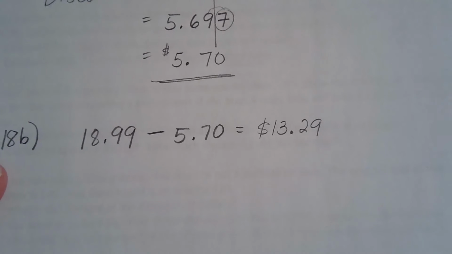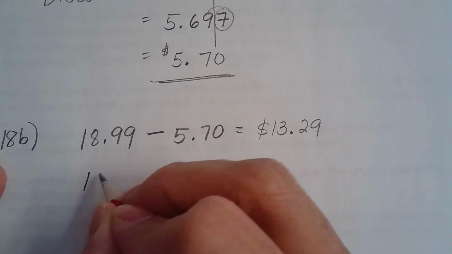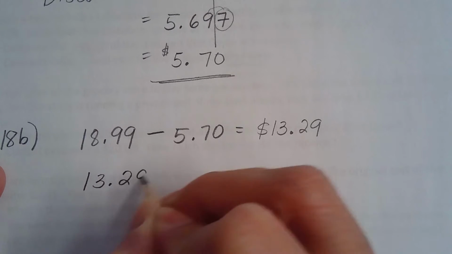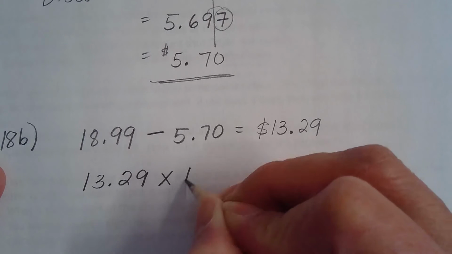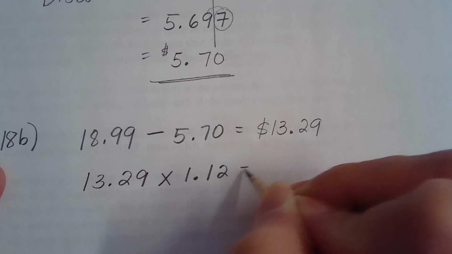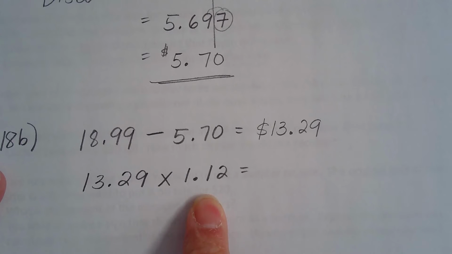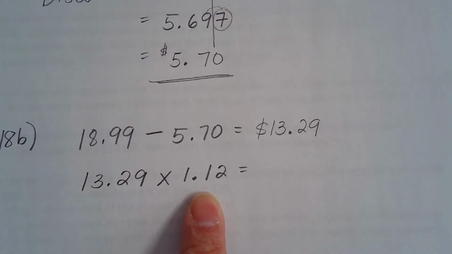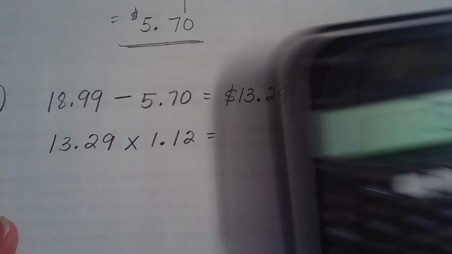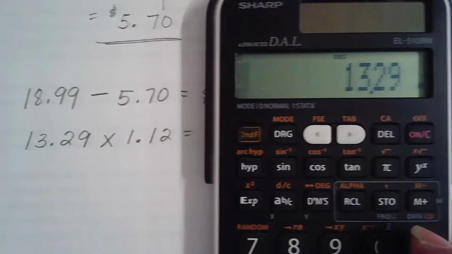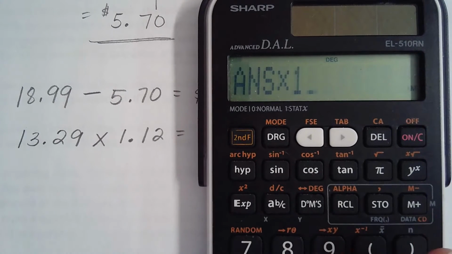After that, we have to do the taxes. So $13.29 times 1.12. Okay, is everybody okay with that one? Because it's 12% on top of that, right? So $13.29, I have it on my screen, times 1.12.